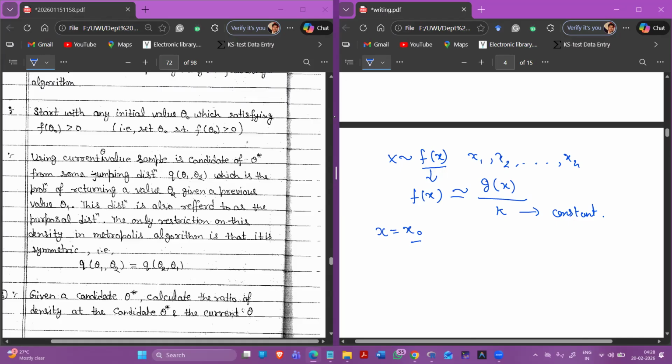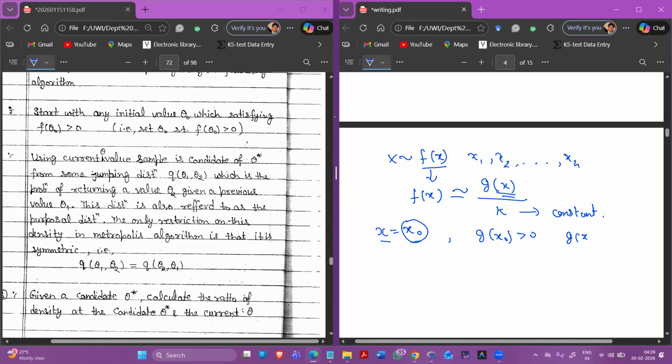After that, two things are there. Whatever value x naught I give should satisfy the range of x, first of all. Second, when I put this x naught value in g, g(x naught) should be greater than 0.